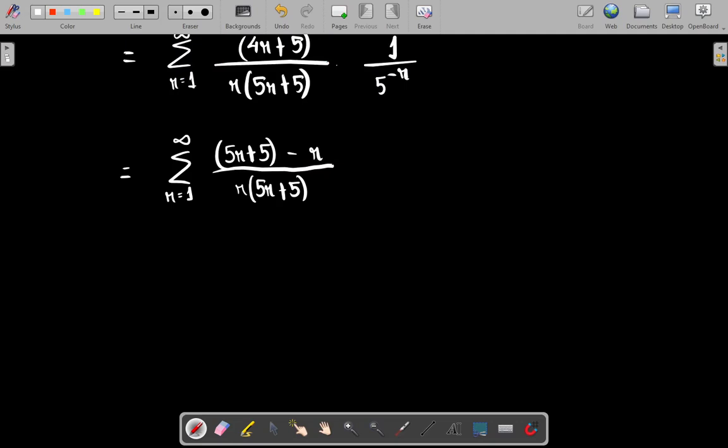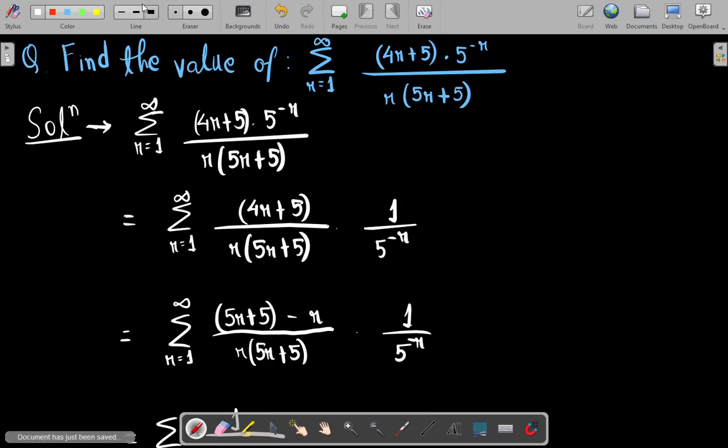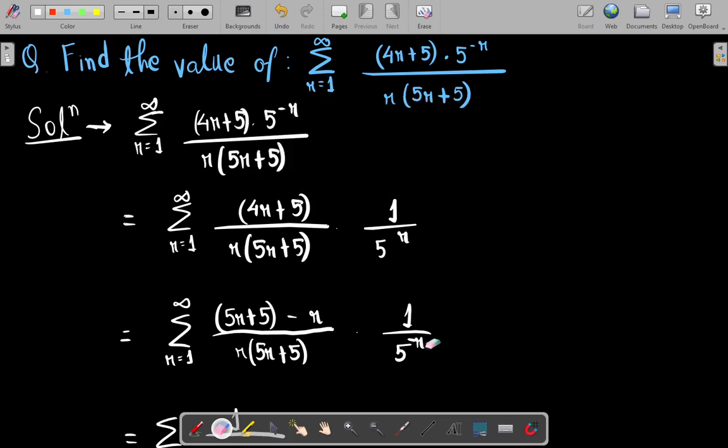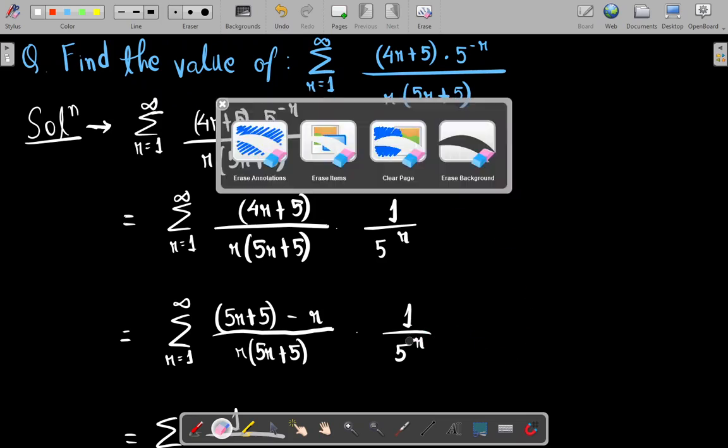Okay, so now let us see if we can do some partial fractions or not, with r going from 1 to infinity. On partially dividing these fractions, we now get 1 upon r times... Oh, sorry, I had made a slight mistake here. This will be plus r, right? It was minus r in the numerator. In the denominator, this will become plus r, 5 to the power r, right?